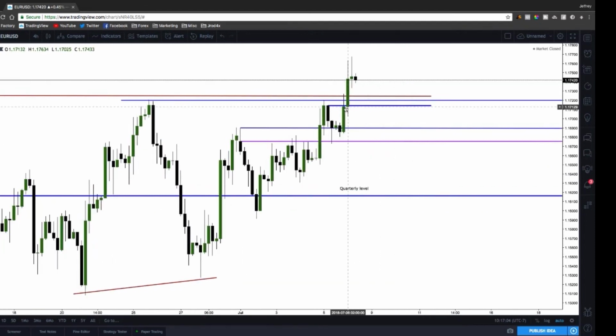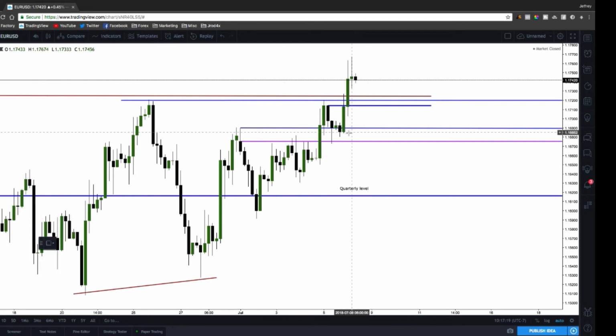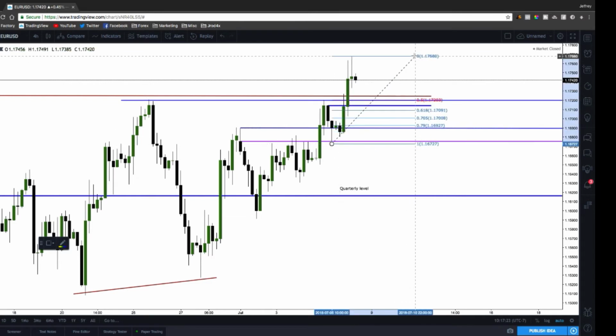So where could they likely retrace into? Well, this ICT bullish order block here would be my first objective. So anywhere from 1720, which is the retest of daily structure, down into that 4-hour ICT bullish order block. But we can use our fibs, pulling it from the low. So the swing that we're looking at, which is this low to this high, the swing that broke structure.